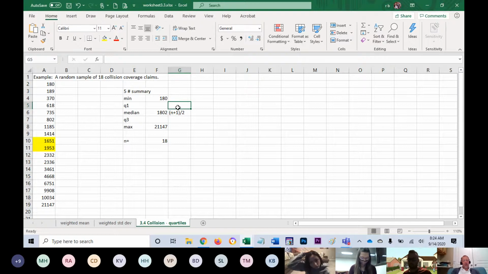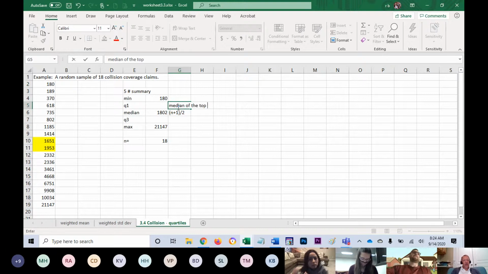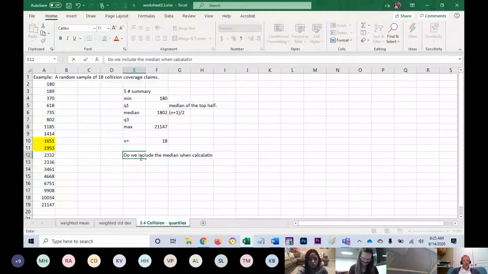Now, quartile 1, as I said earlier, think of this as the median of the bottom half. The question is, do we include the median when calculating Q1 and Q3?